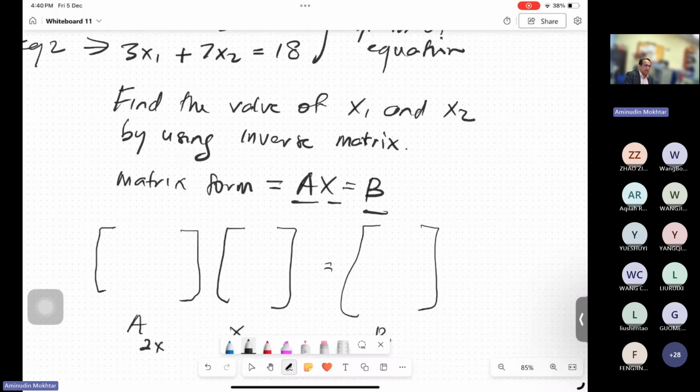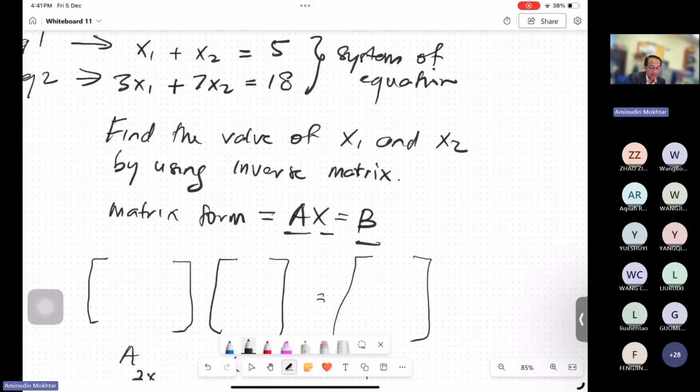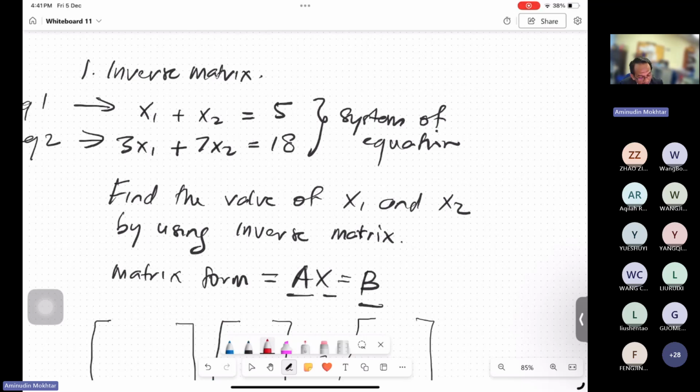The number of columns in matrix A, bilangan kolom dalam matrix A bergantung pada bilangan pemboleh ubah dalam sistem tersebut. The number of columns in matrix A depends on the number of variables in the system. As you can see here, we have x1 and x2 only in the system.